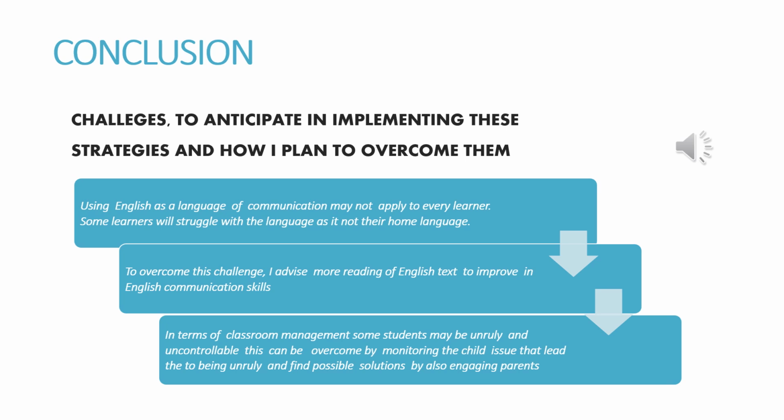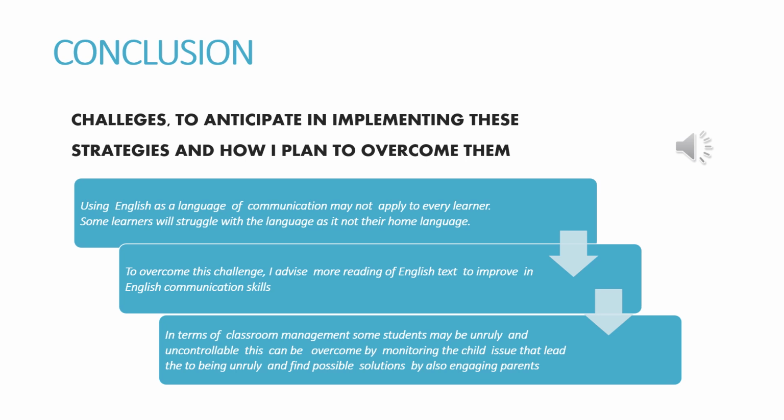In conclusion, challenges to anticipate in implementing those strategies and how I plan to overcome them. Using English as a language of communication may not apply to every learner. Some learners will struggle with language as it is not their home language.